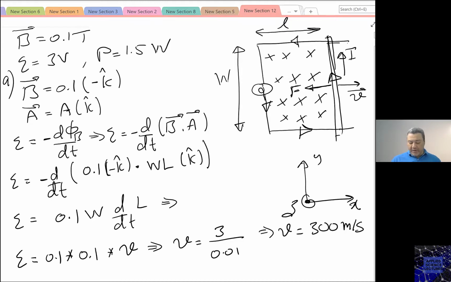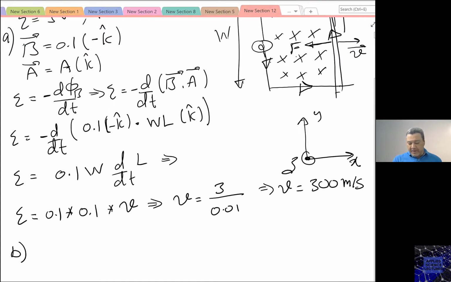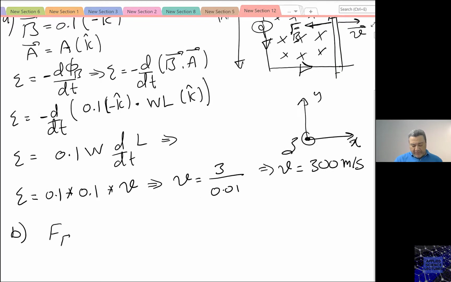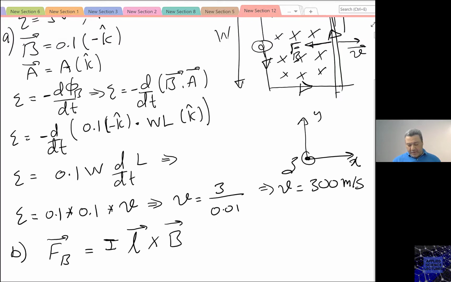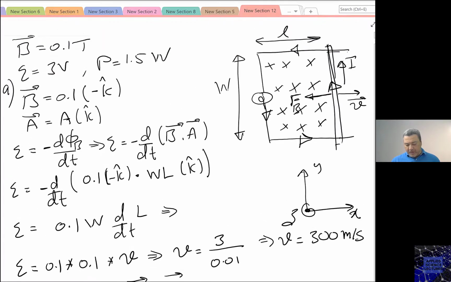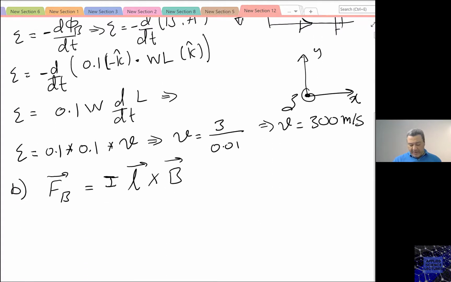And now I need to calculate this. So this is the FB, the magnetic force. And I know that FB equals I L cross B. So here my L is going in the J hat, and my B is in the minus K hat.